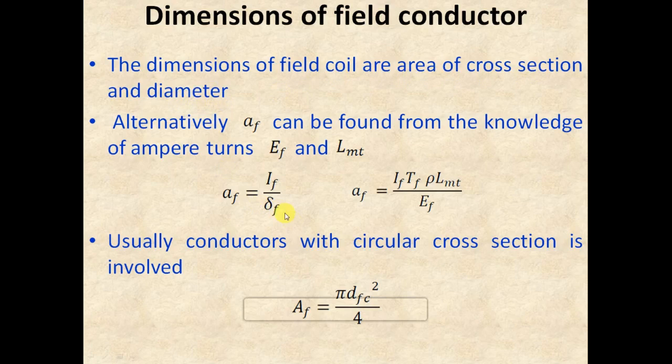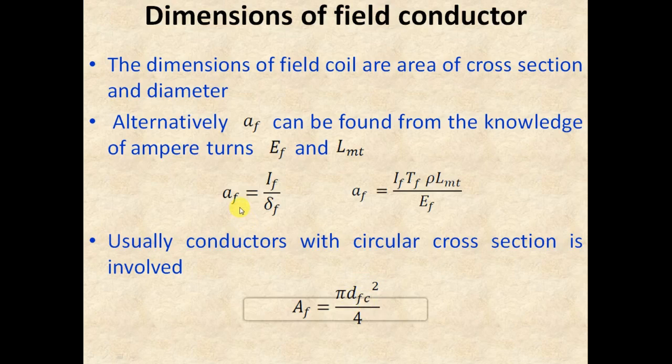So from the known values of the field current and the current density, we can easily determine the cross sectional area of the conductor. Once the cross sectional area is known, we can easily determine the diameter of field conductor by using the standard relation pi d square by 4, and the diameter of field conductor is indicated by DFC.